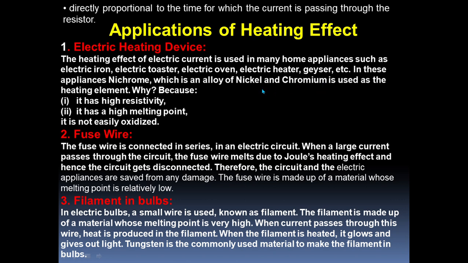Please note it down, children. Nickel and chromium is used as a heating element. This is an important objective type question. Why? Because first, it has high resistivity. Second, it has a high melting point. The third one is it is not easily oxidized.